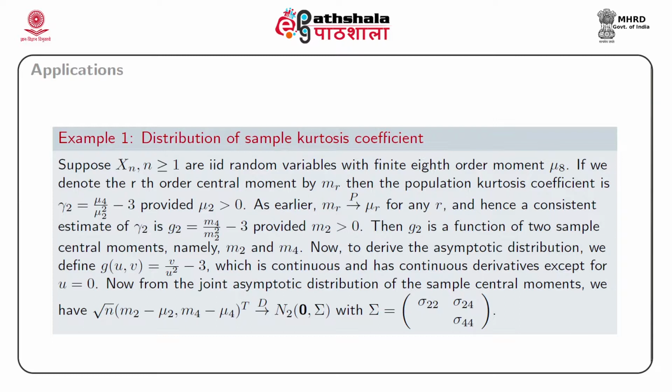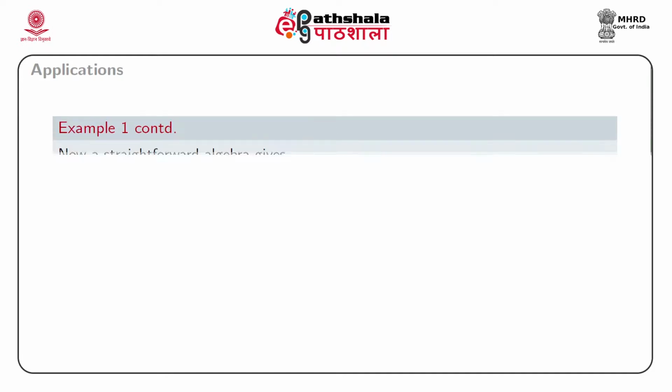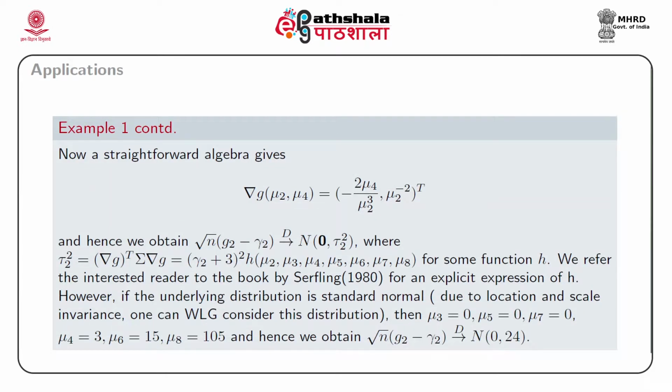These sigma 22, sigma 24 and sigma 44 all are defined in our previous modules. Now a straightforward algebra gives the gradient vector of g evaluated at mu2, mu4 as a vector with two components: minus 2 times mu4 divided by mu2 cube, and mu2 to the power minus 2.